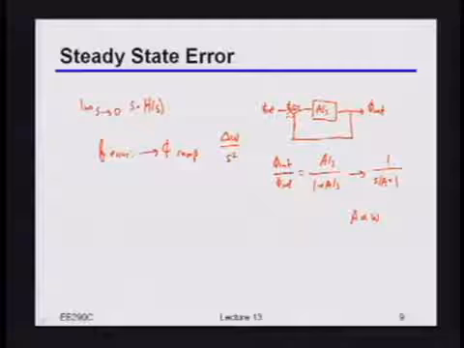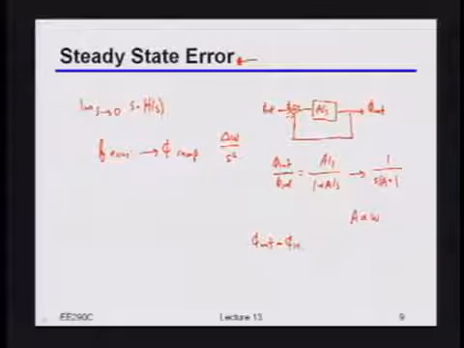Okay, so at the end of the day, remember what we're interested in is how big of a phase error we have. So in other words, if we're interested in the phase error, we're interested in phi out minus phi ref. Right?